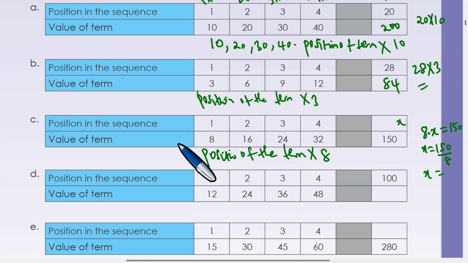What is the answer? So is it 18? Okay, we're checking that one now. So obviously you need to think a little bit here. Okay, so it is 150 divided by 8.